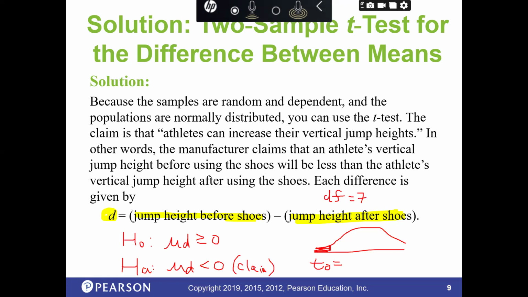I got a negative 1.415. Are we good with that? I'm going to write it in, see if you guys are okay with this one. Negative 1.415. So notice degrees of freedom is 7. We'll cross there. The rejection region should be that right there.